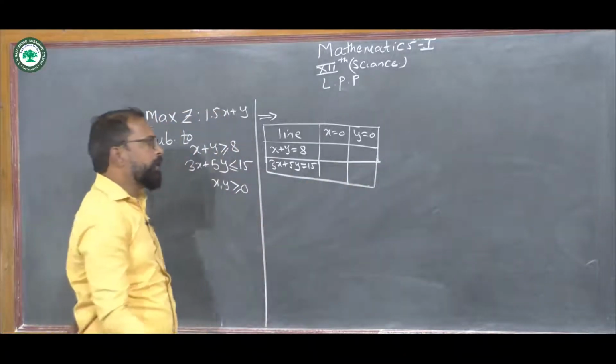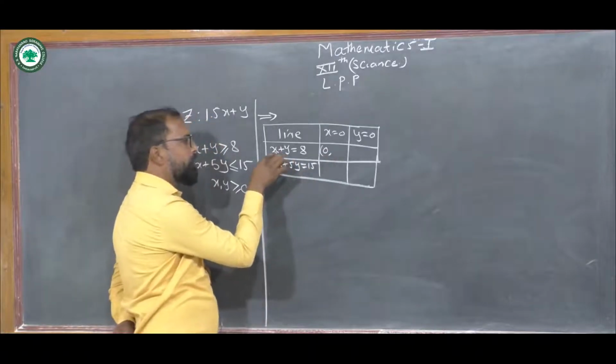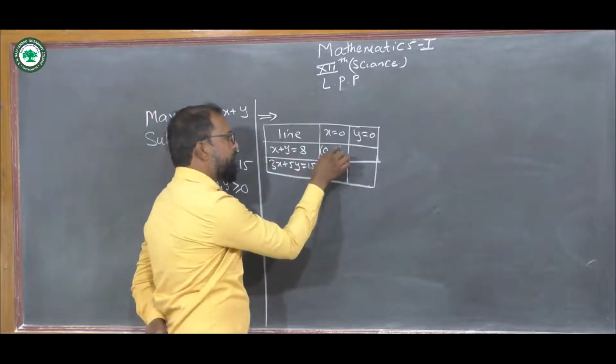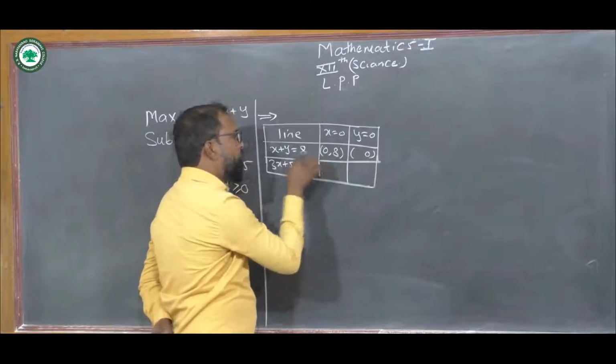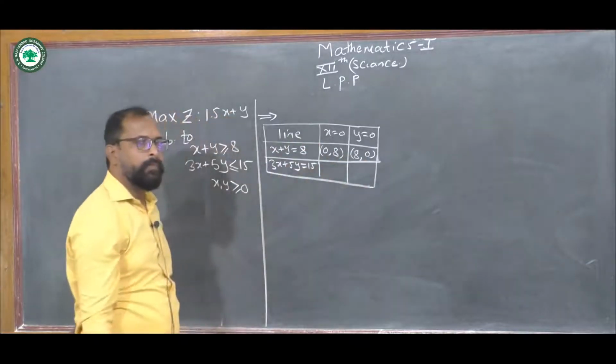Now, to find the points, suppose we put x equals to 0. If we put x equals to 0, we get y equals to 8. And similarly, if we put y equals to 0, we get x equals to 8.